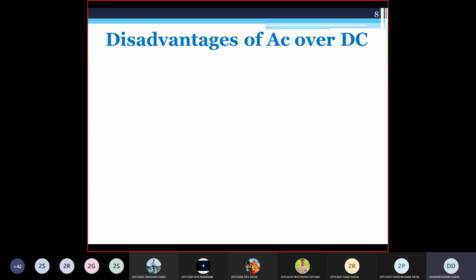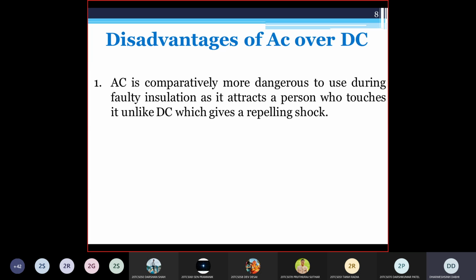Yes. Okay. So yes, AC is dangerous, but when is it dangerous? When your insulation becomes faulty. As you know, in our home, the wires for all appliances have an insulator, not only a conductor. The copper conductor is inside the insulator, surrounding the conductor we have the insulator. So why is this insulator provided?